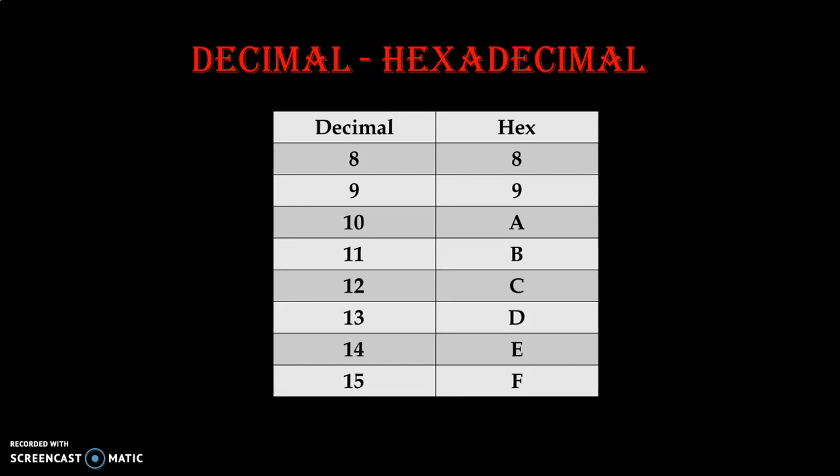If we want to go beyond F, that is beyond 15, then we have to use 2 hexadecimal digits, right? So we should always remember these 16 hexadecimal digits. Then now decimal and binary equivalent.